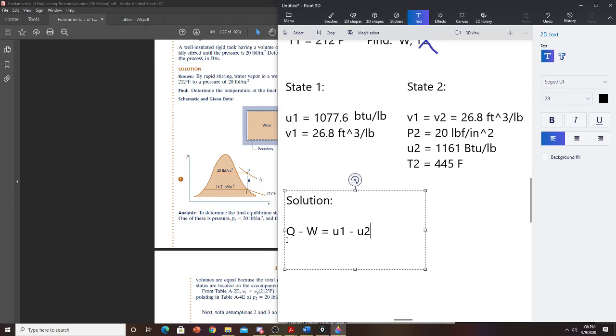So, Q minus W is equal to U1 minus U2. And this is just an energy balance. What this is saying is that the heat transfer, subtracting off the work, has to be equal to the internal energy change as well. So more or less, what this is saying is that there is no other energy either coming in or leaving that isn't heat or work.